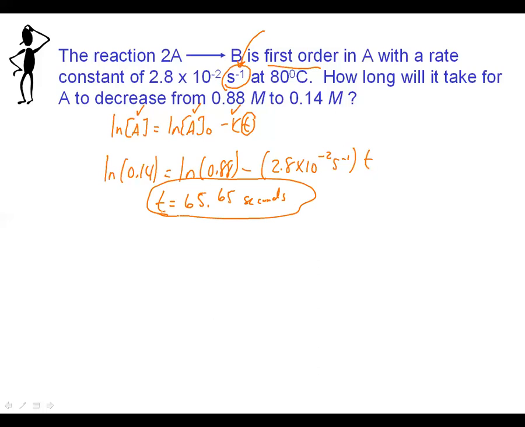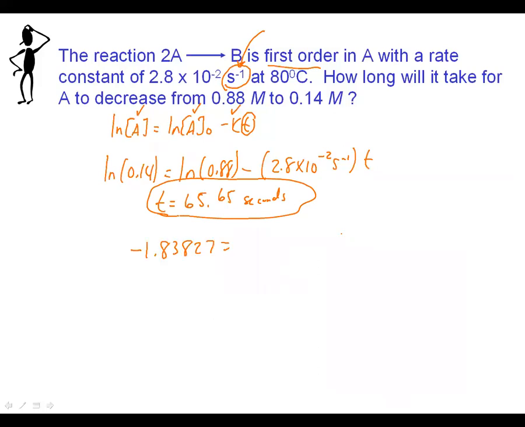Any questions on that? Mathematically, what I did was I took the natural log of 0.14. I then subtracted the natural log of 0.88, and if you did that, that got you minus 1.83827 equals minus 2.8 times 10 to the minus 2 times t.